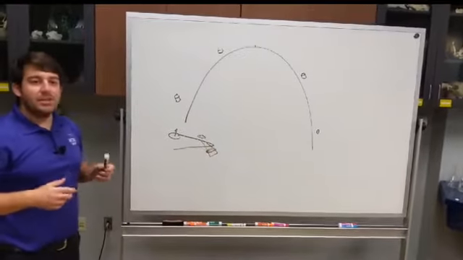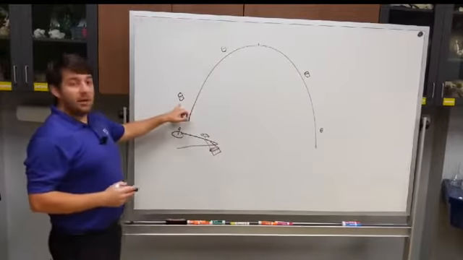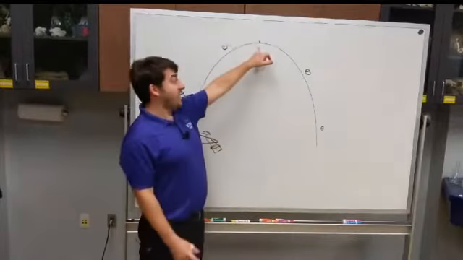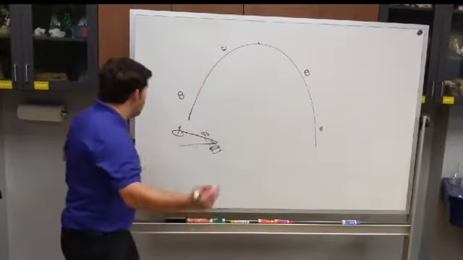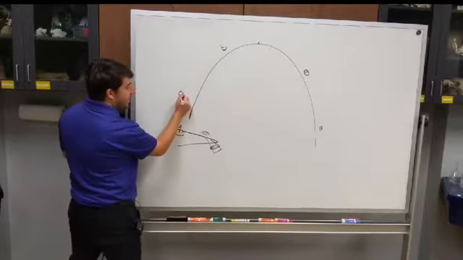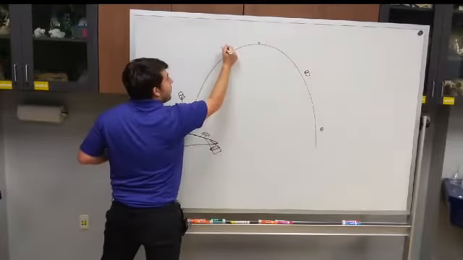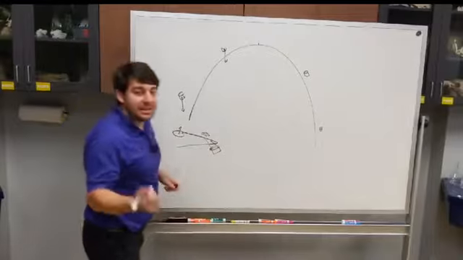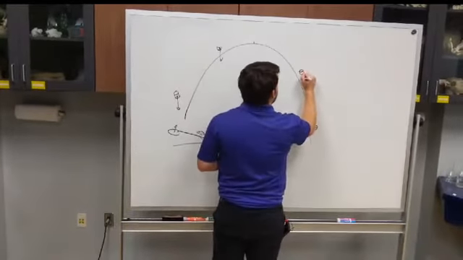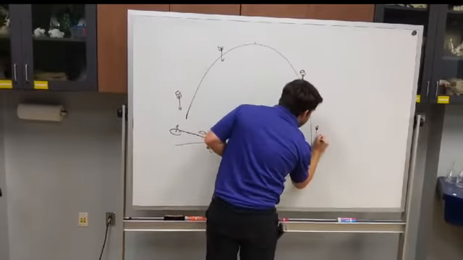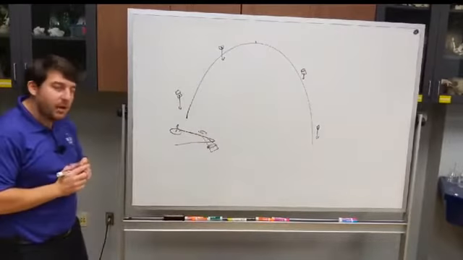Throughout this entire thing, gravity doesn't just start taking effect when it starts pulling it down, it's already affecting it right here. That's where force and acceleration come into play, because gravity has always been affecting my marshmallow.